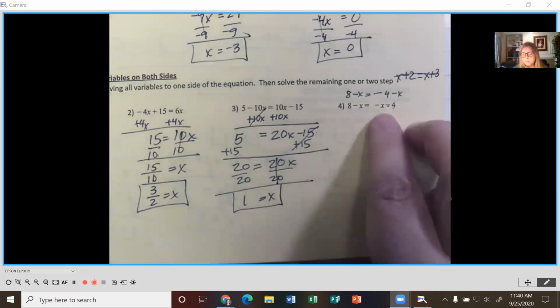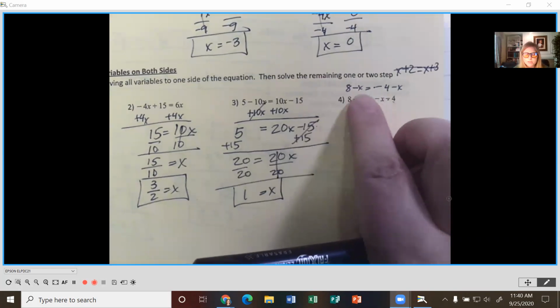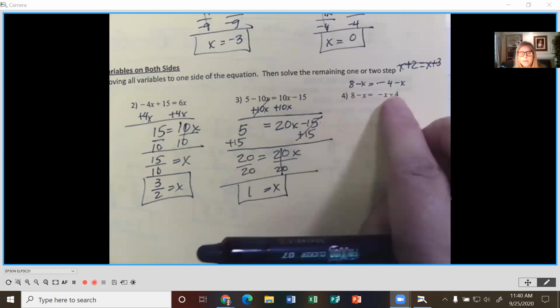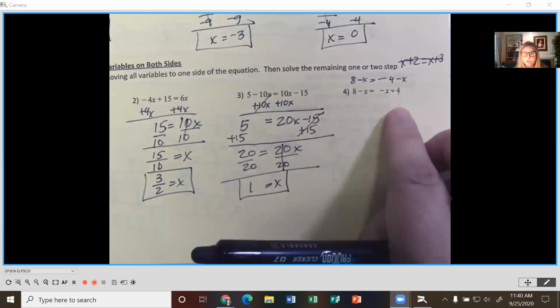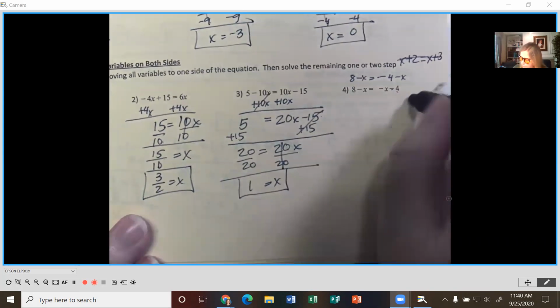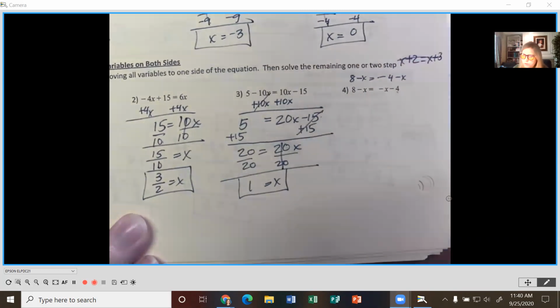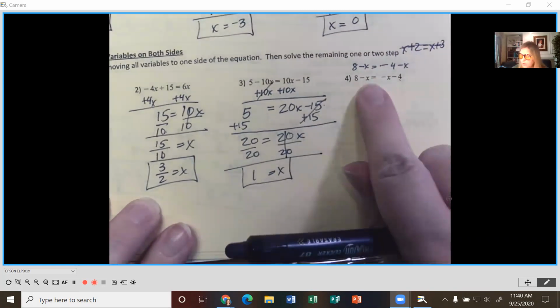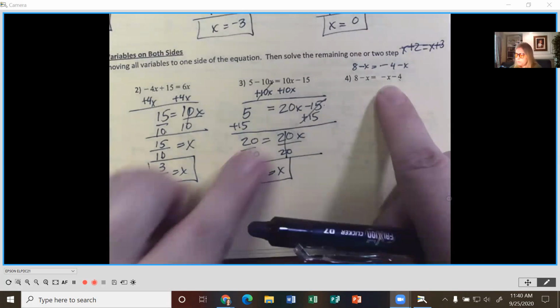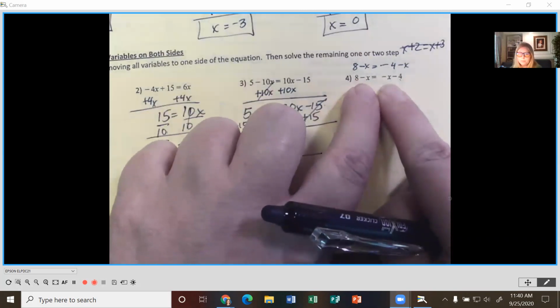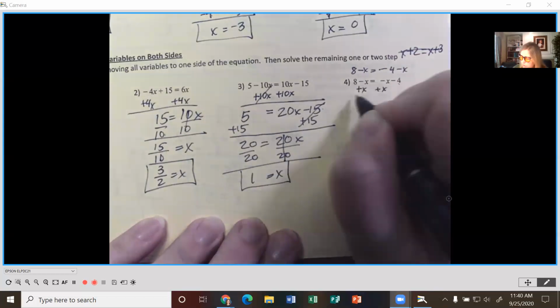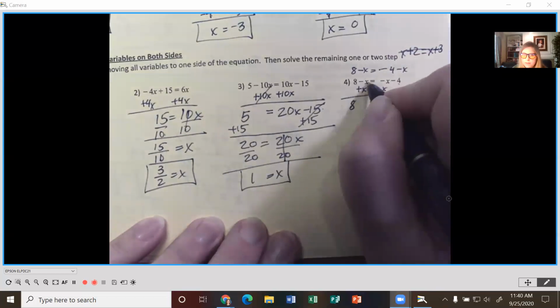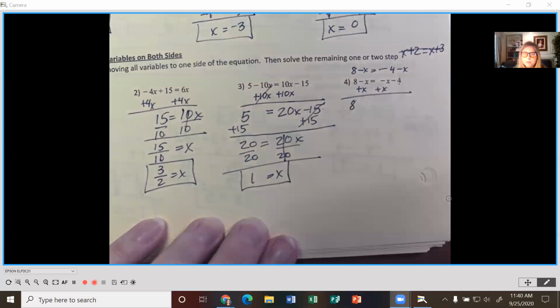Now, some of you may not have understood what I just explained abstractly. Let's look at it algebraically. Okay, so let's do that with the representation of just algebra. So we'll combine like terms, right? We're going to add x to each side because we want to get all of our variables together on the same side. So I have a minus x, I'll add x to each side. 8, what's negative x plus x? 0.